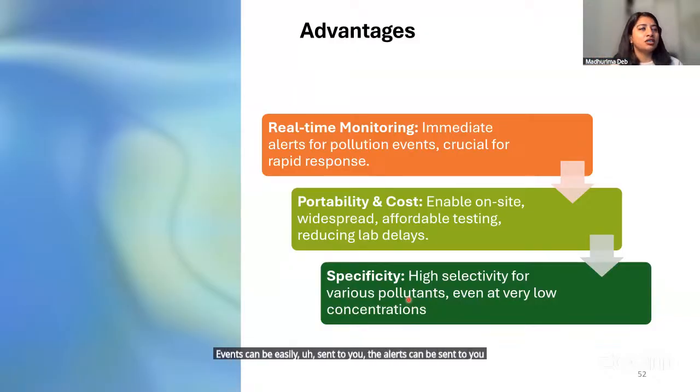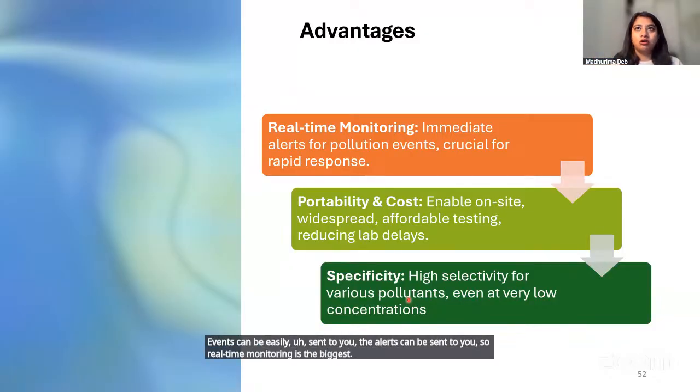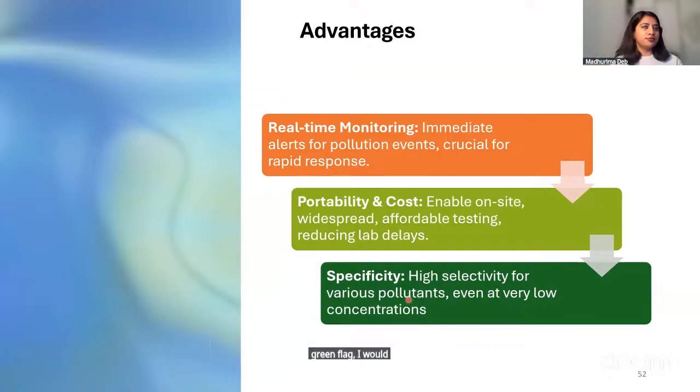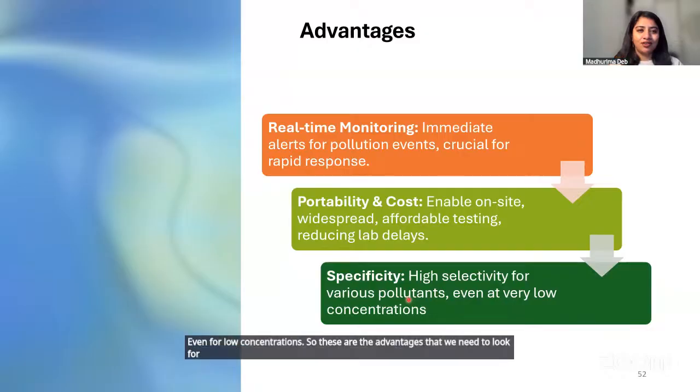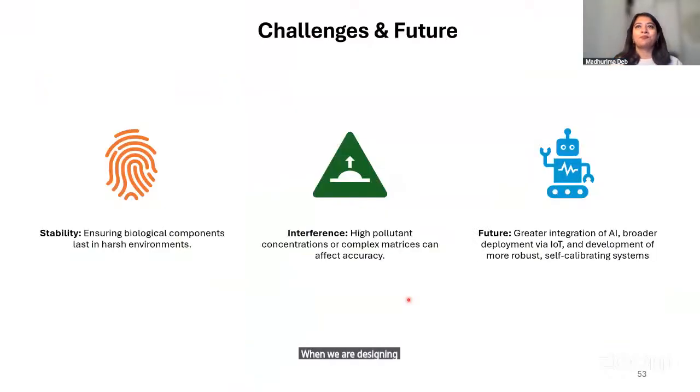So real-time monitoring is the biggest green flag, I would say, in today's language. And I would say the portability and cost. It is our duty to make it cost effective and also energy efficient. And especially, it is highly selective for a certain pollutant or a certain contaminant, even for low concentration. So these are the advantages that we need to look for when we are designing a smart sensor.